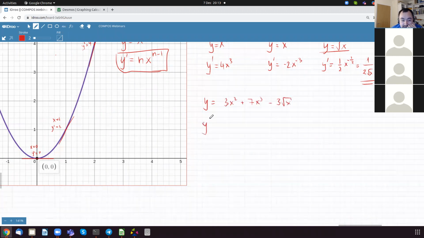The derivative is going to be 6x, because we don't touch the 3, it stays. 6x plus 21x squared minus 3/2 root x.